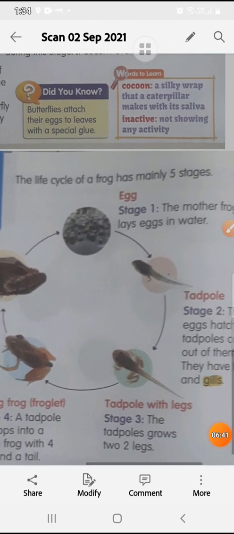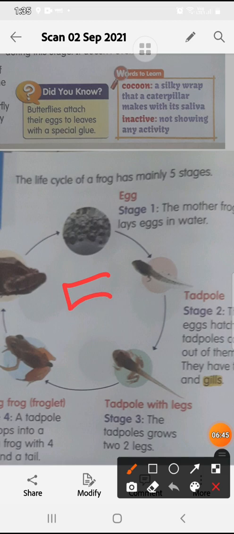Okay, the life cycle of a frog has 5 main stages. Okay, so students, the life cycle of a hen has 3 main stages, the butterfly has 4 main stages, and the frog has mainly 5 stages. Okay, first stage is egg. In this stage the mother frog lays eggs in water, right?